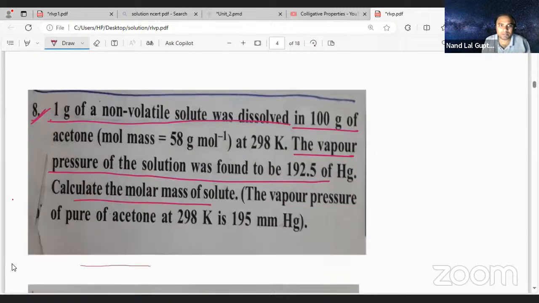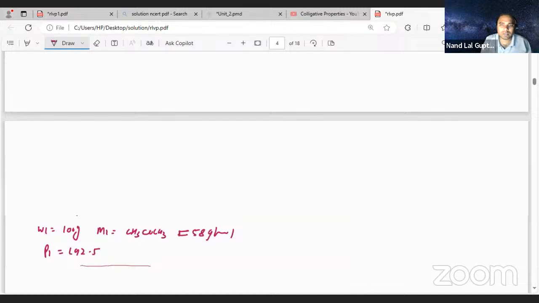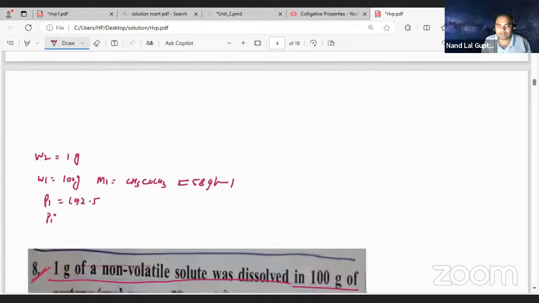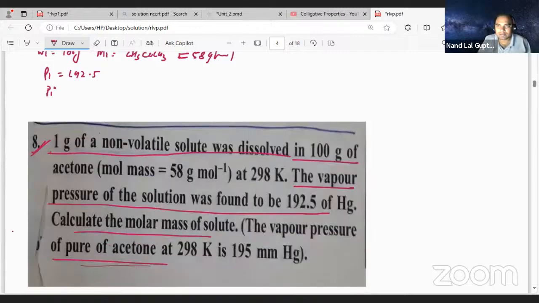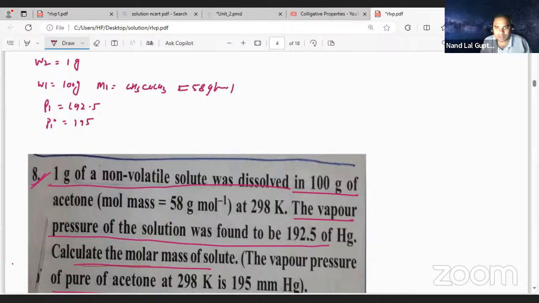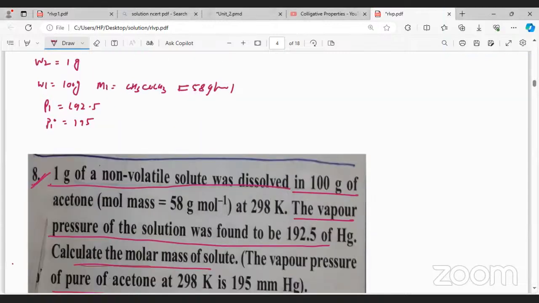They are saying vapor pressure of pure acetone, P1 not, is 195. Is it okay? 195. Any other information? No, that's all the information; others are not required. Please just keep the screen like this. Okay, you do.